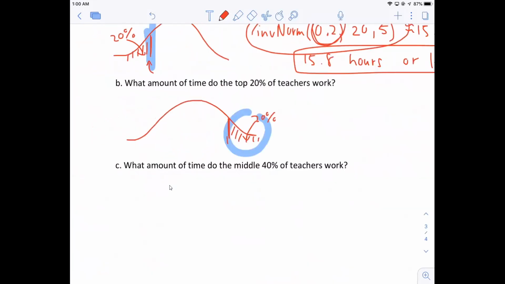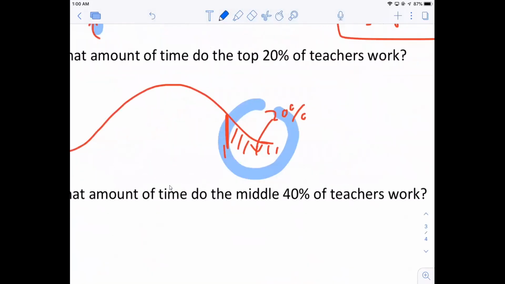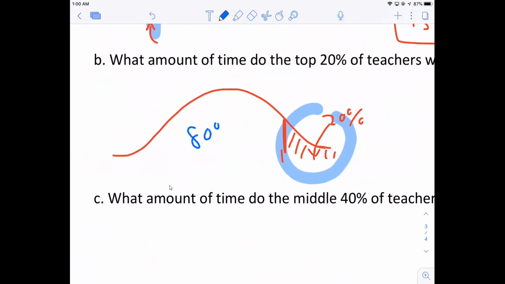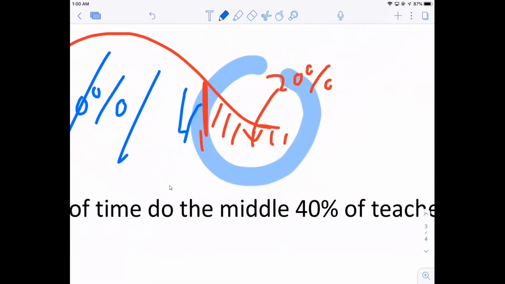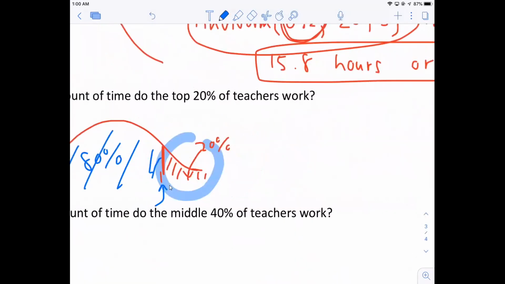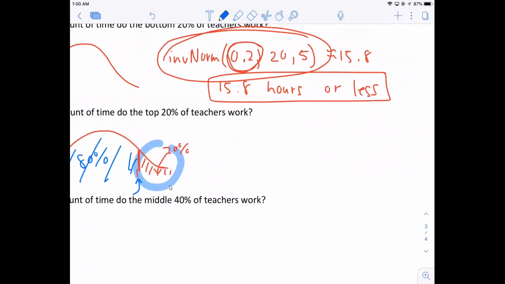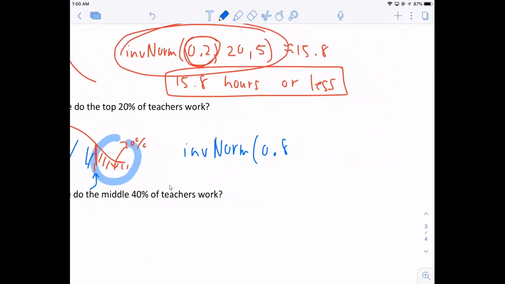So what we could do is, if we're looking for the top 20%, couldn't I figure out the bottom 80%, right? Because figuring out the bottom 80%, that's going to give me the same number right there. So to get the top 20%, I would type inverse normal of 0.8, comma 20, comma 5.